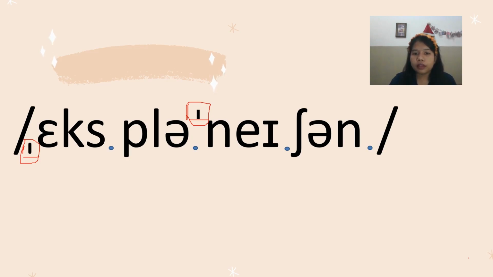So the primary stress occurs on the 3rd syllable, ne, and the secondary stress occurs on the 1st syllable, x. So the sound that comes after the stress mark will have emphasis.